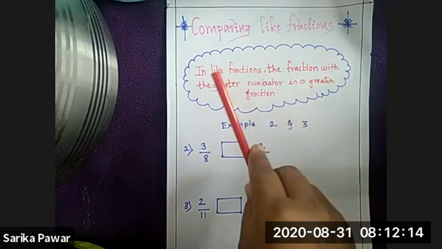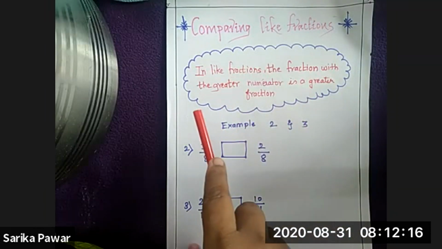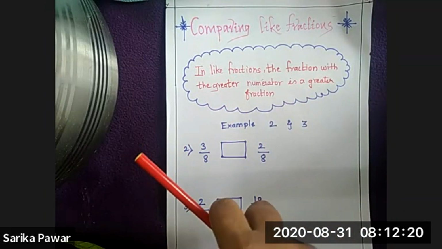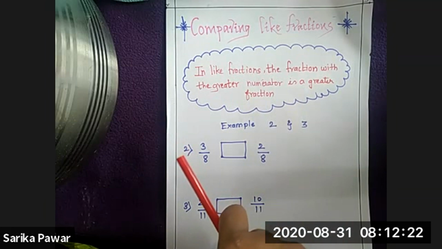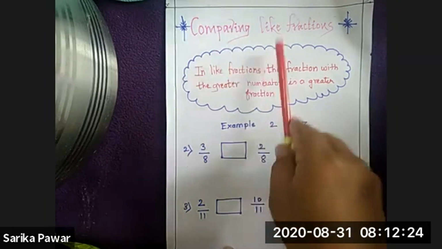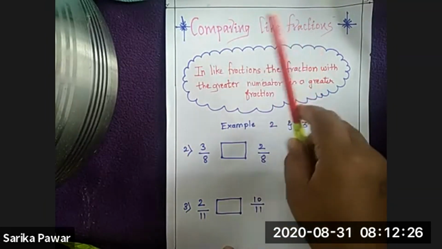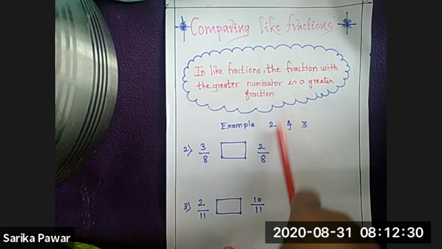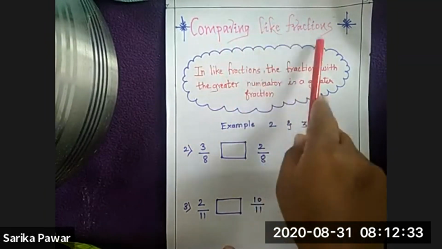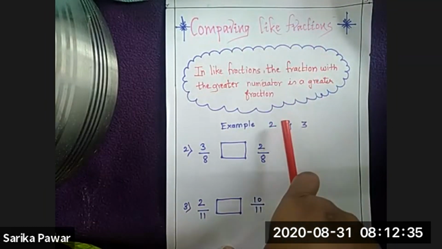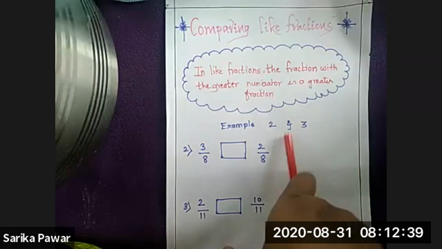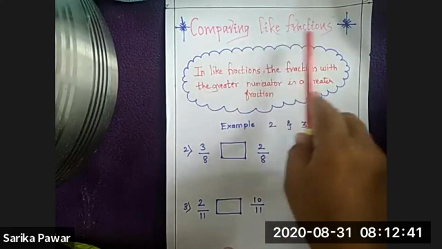Okay. So in this exercise, problem set 19, there are 16 examples. Of those 16 examples, examples 2 and 3, the second and third examples, are based on comparing like fractions.